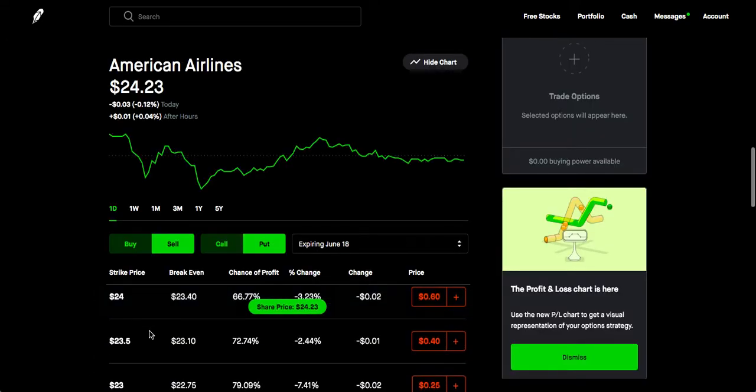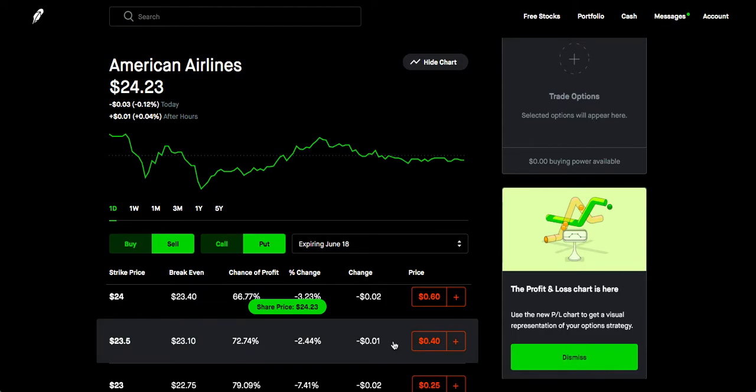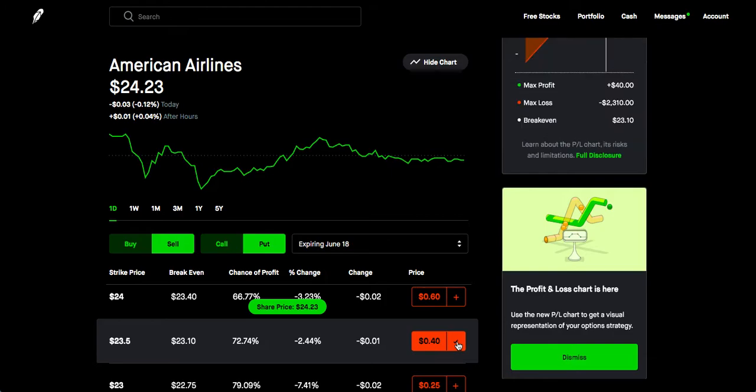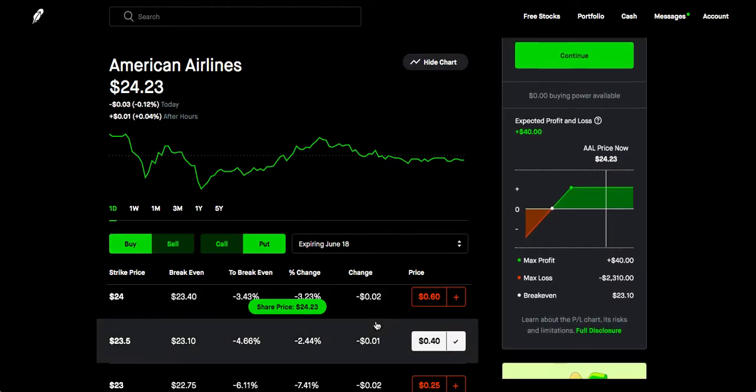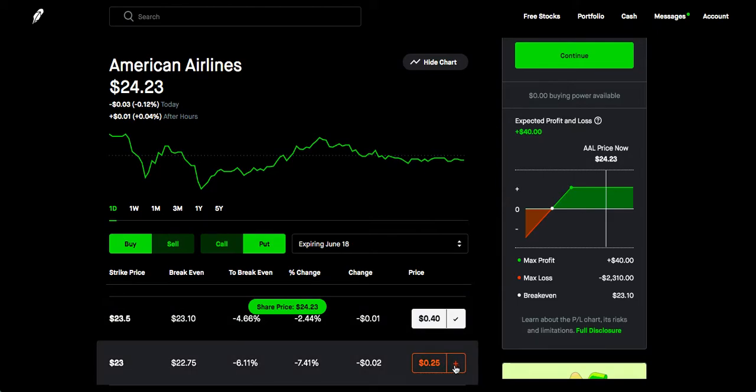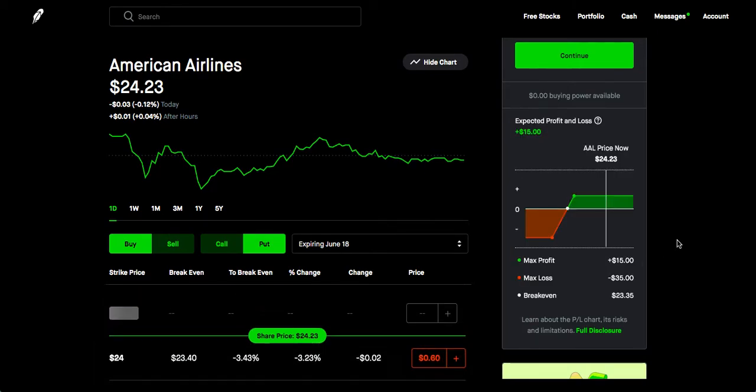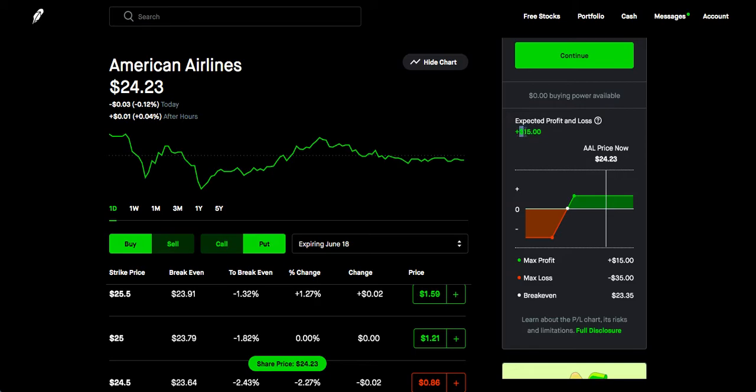And we are going to click the 23.5 strike price. So we are selling the 23.5 strike price put, and we are buying the one underneath it. Okay? So we are getting a profit of $15 to risk $35 in total.